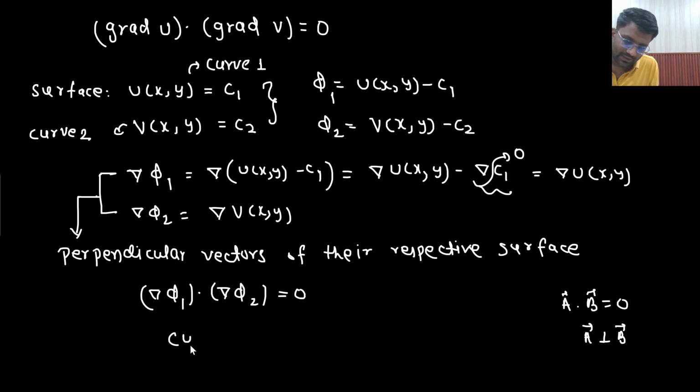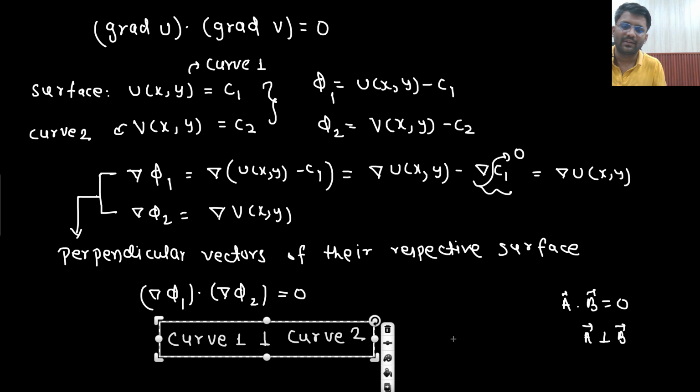Then I should say that curve 1 is perpendicular to curve 2. There you go. This is the conclusion that we have made. Say yes or no. Is it completely understandable or not?